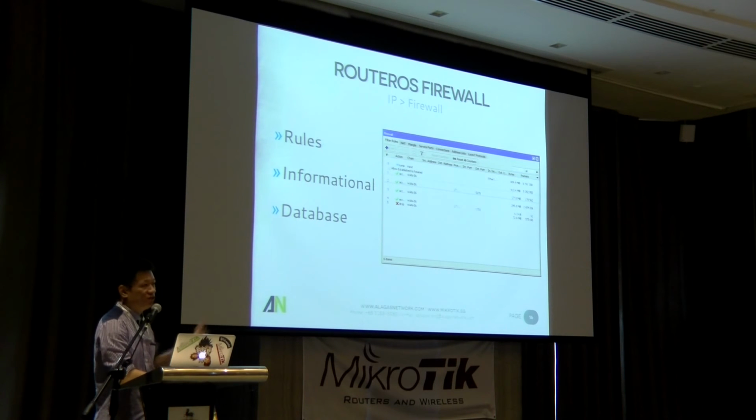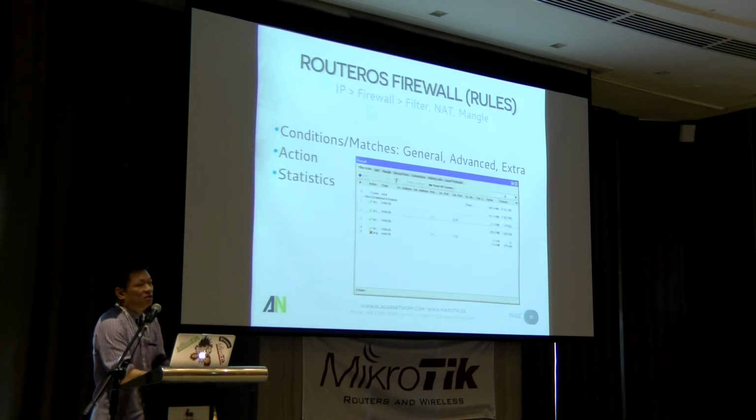Based on each of the menu tabs, you can categorize them. So when you look at this menu, don't be confused that there are so many things inside. What should I do? What is it doing? The actual menus that do the action are only the rules, which are the first three tabs. So the first three tabs are filter, NAT, and mangle.